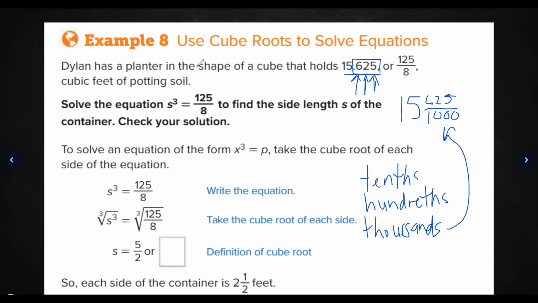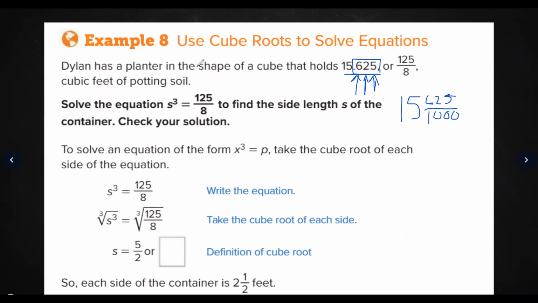So this one has 3 decimal places, so it needs to be divided by 1,000. Okay? Now, when we do it, we need to simplify it. Okay, how can we simplify this one? Well, we need to make a division. So we need to divide it.